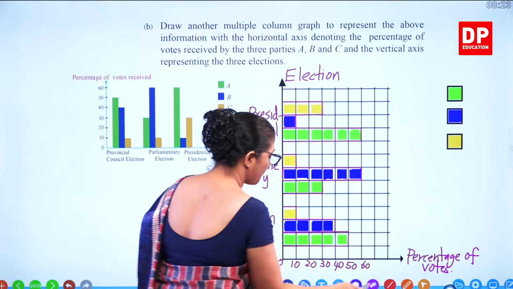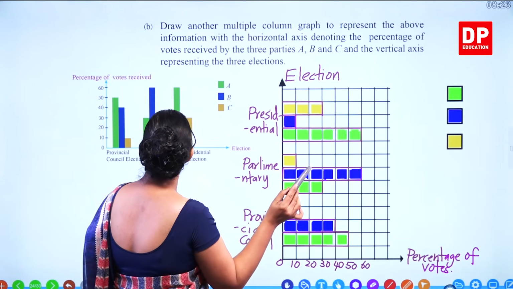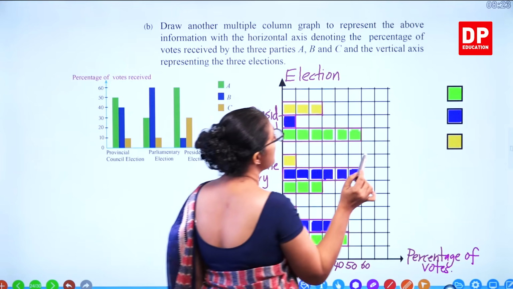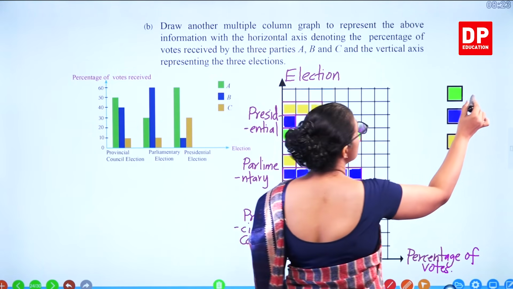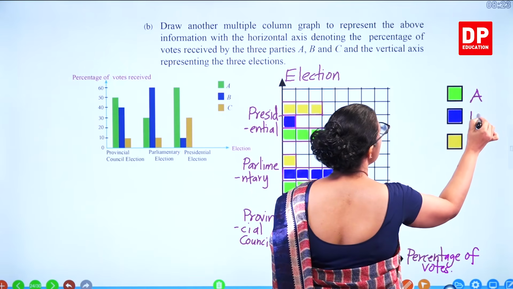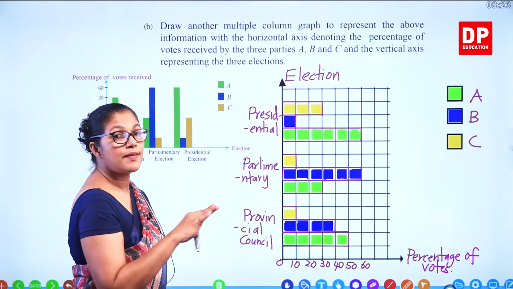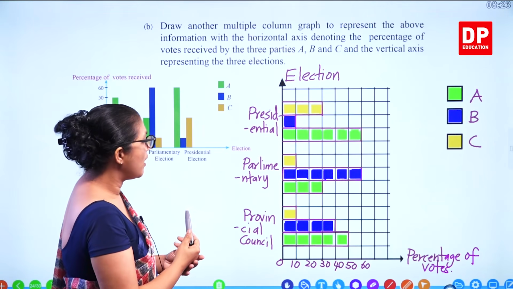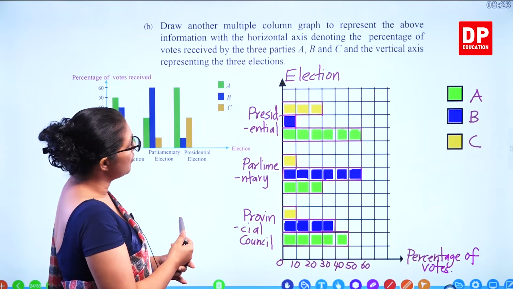Here we can label this: A, B, C. So this is the horizontal column graph. Same thing, other way around.